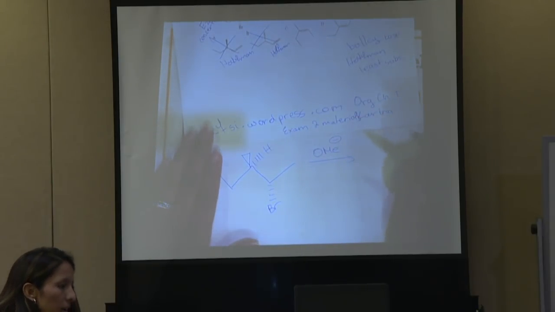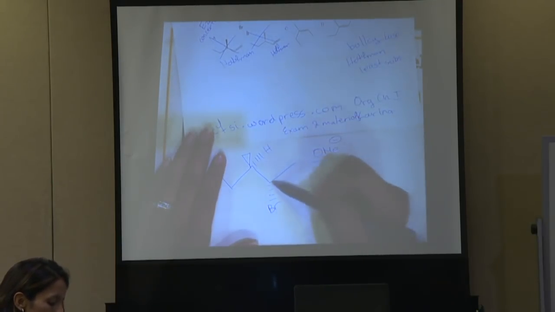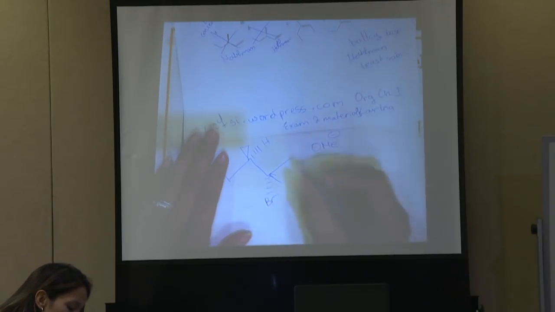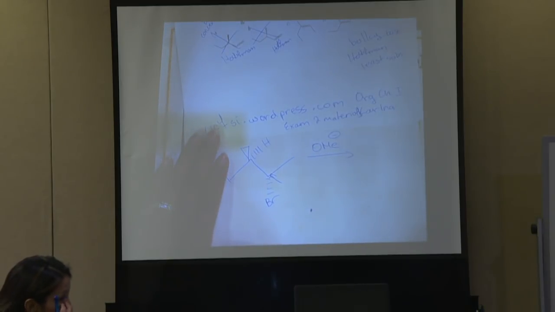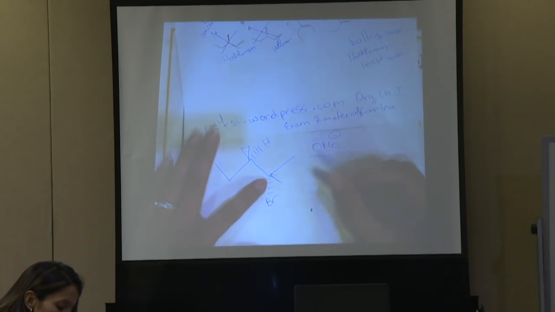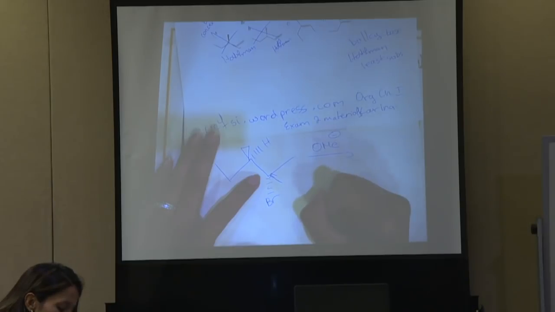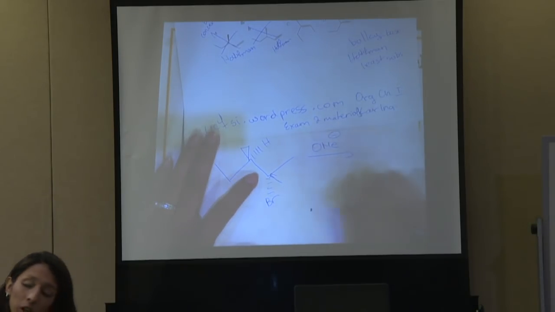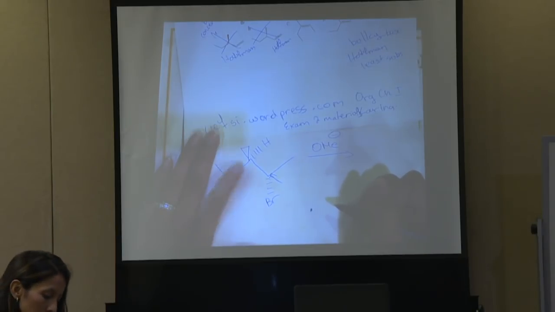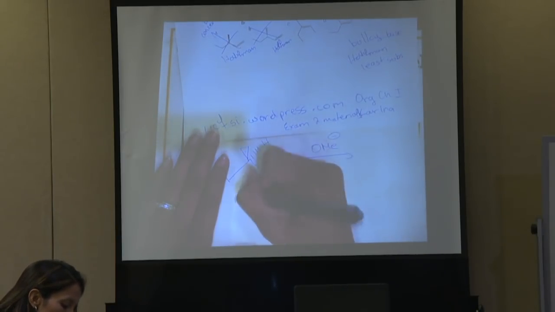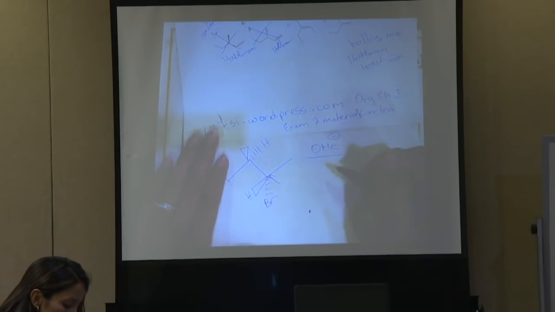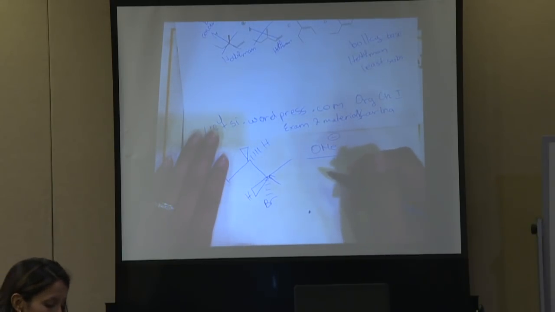So where do you guys want to look at it from? Here or here? The Br? Okay, so we'll do here. So that's my front carbon. So what's on my front carbon? Okay, and what's going where? Are you sure? My hydrogen is on a wedge. Left? All right.